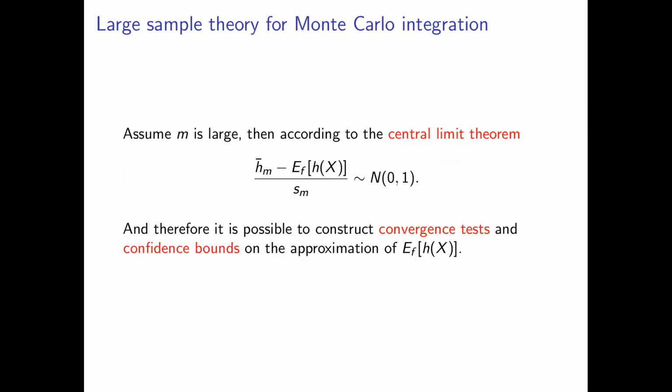So this leads us to the large sample theory behind this. The central limit theorem holds here, and therefore our arithmetic mean of the h transformed values minus the actual expected value we want to simulate, divided by our sample standard deviation, is standard normally distributed.